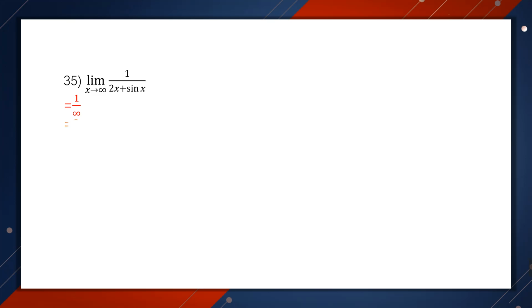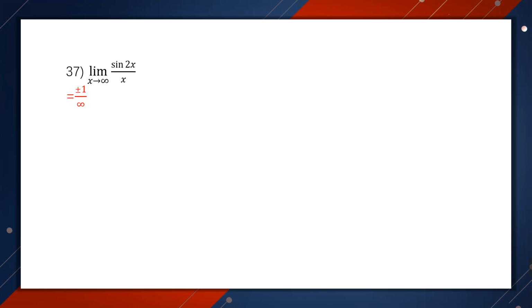Then the limit of 1 over x plus sine x when x approaches infinity. We replace x with infinity in this function, so we get 1 over infinity, which is 0.